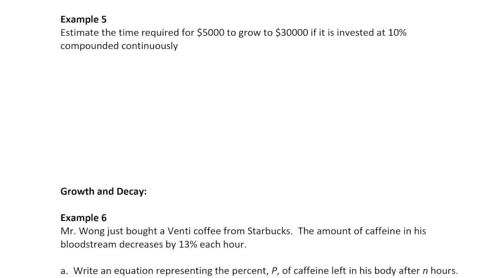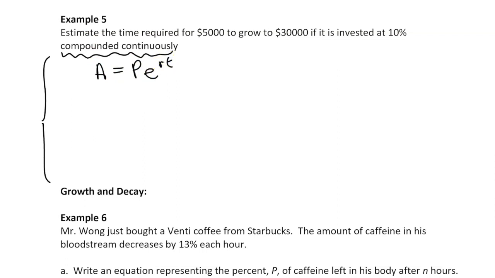Okay, let's do one more example. It says estimate the time required for $5,000 to grow to $30,000 if it's invested at 10% compounded continuously. Once you see this term compounded continuously, then you're using your continuous compound interest formula.